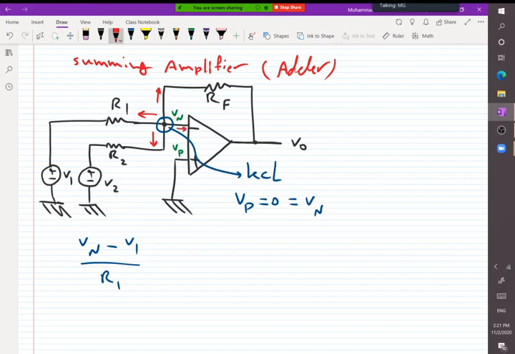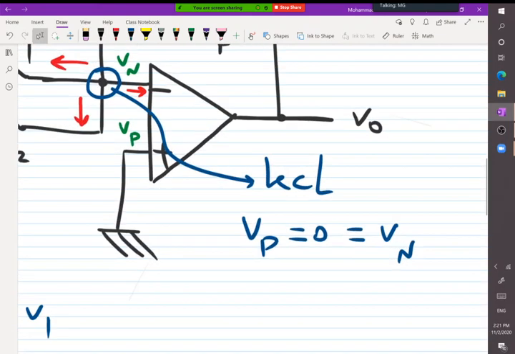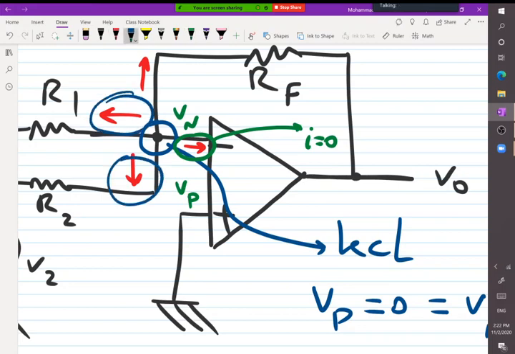One thing which is very important for us to know is that this current is equal to 0, because no current enters the amplifier. We know that In is equal to Ip is equal to 0. So because this current is equal to 0, we can say that this current plus this current plus this current should be equal to 0.